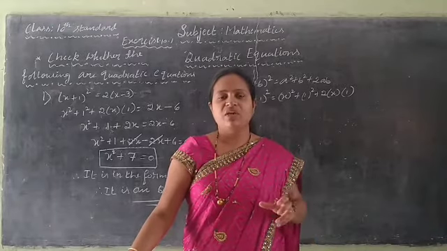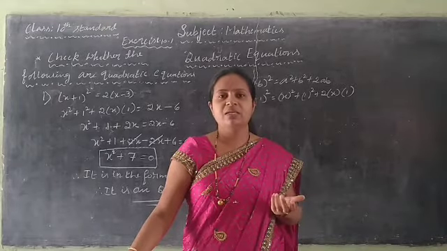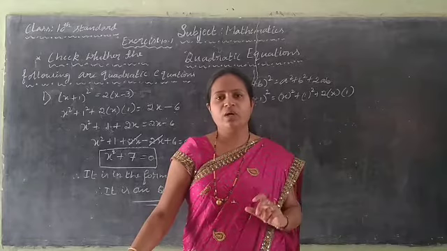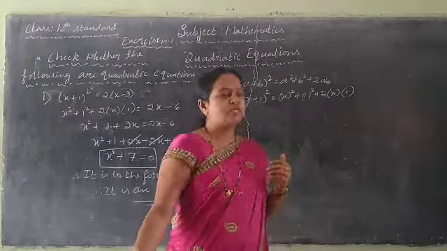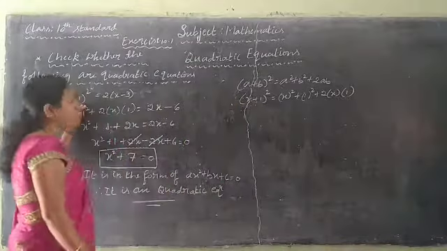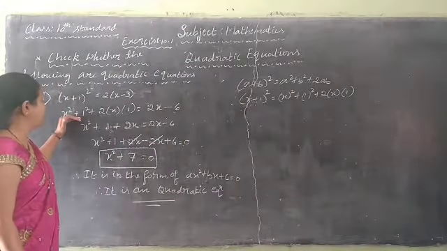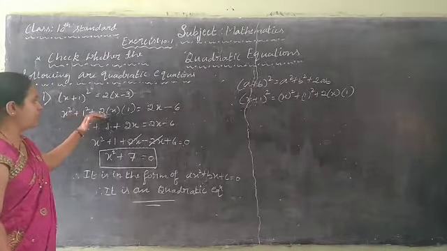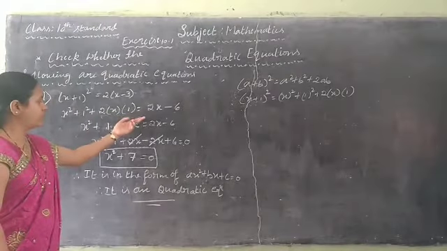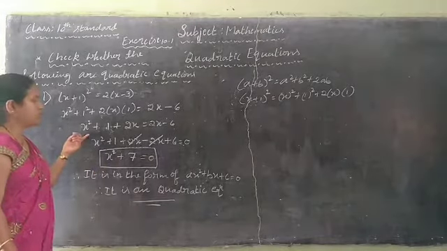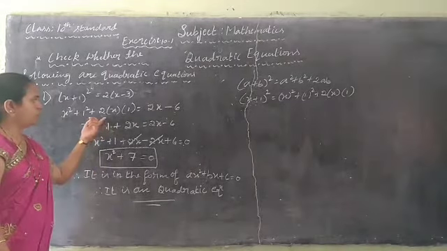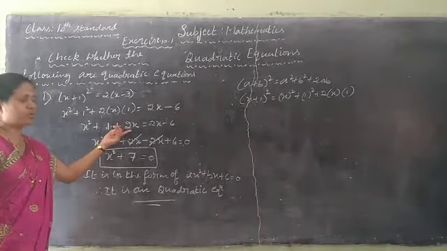So, this is the way, children, how we will check whether the given problem is a quadratic equation or not. Got it? So, first what we have to do is expand (x + 1) whole square. When we expand, we get x square plus 1 square plus 2 into x into 1 equals 2x minus 6. So, write x square as it is. 1 square is 1. 2 into x into 1 you will get 2x.